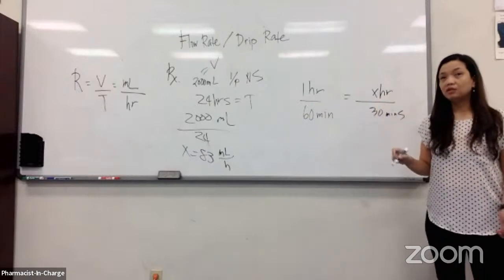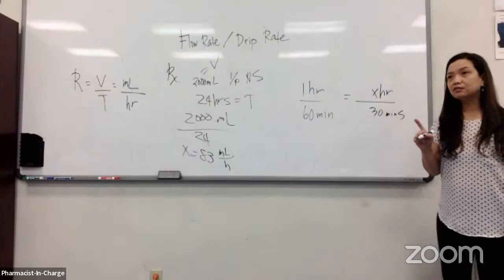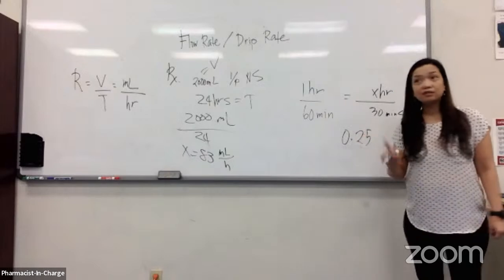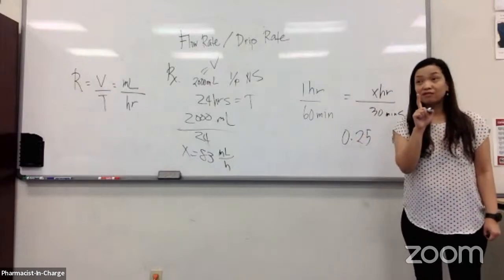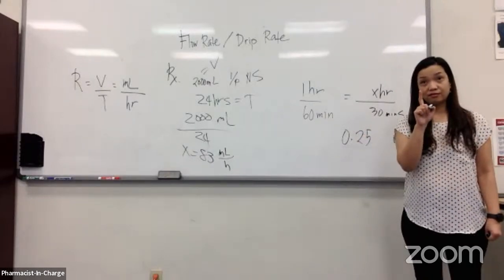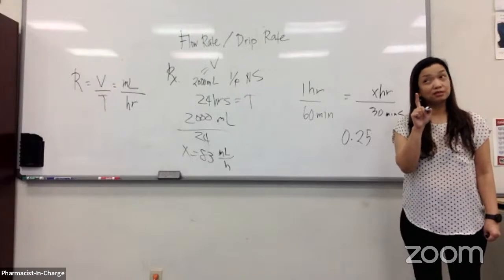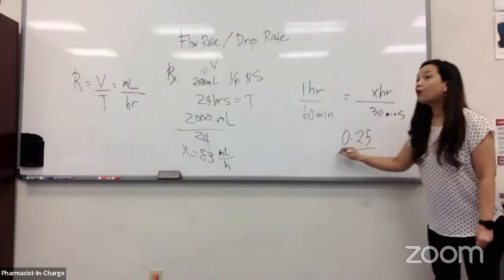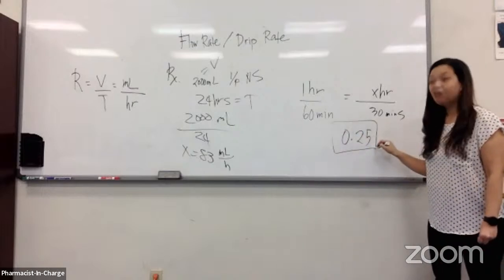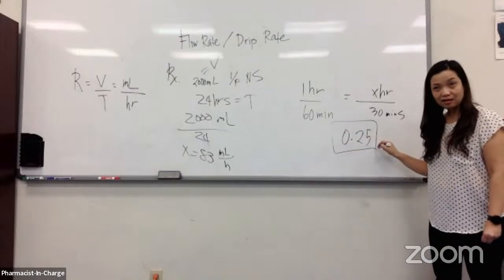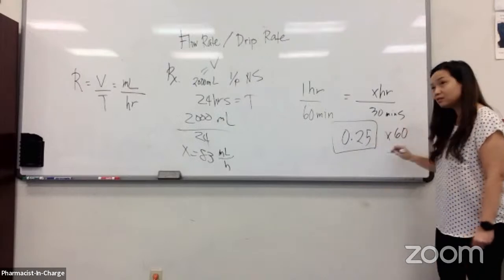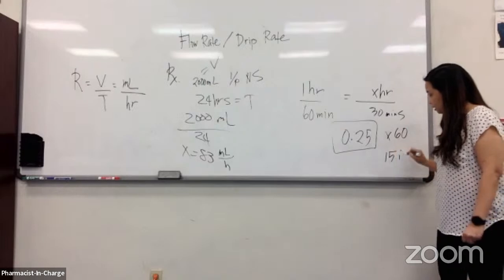Ratio proportion. Know that if the decimal is 0.25, it doesn't mean it's 25 minutes. Is that clear? Remember my story? Quarter of an hour is not 25 minutes. Quarter of an hour is 15 minutes.